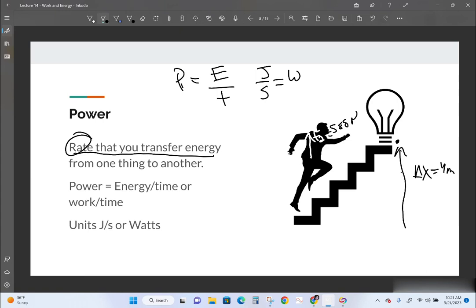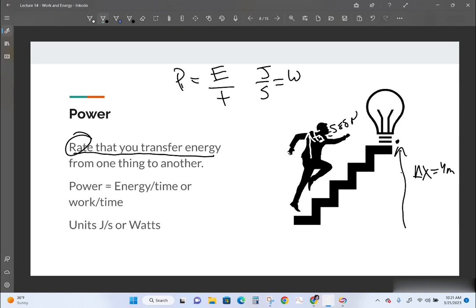So in this case, let's say that we lifted that person, whether we ran or not, we did the same amount of work, right? The work is the same. It's 588 times 4 meters, 2.35 e to the 3 joules.